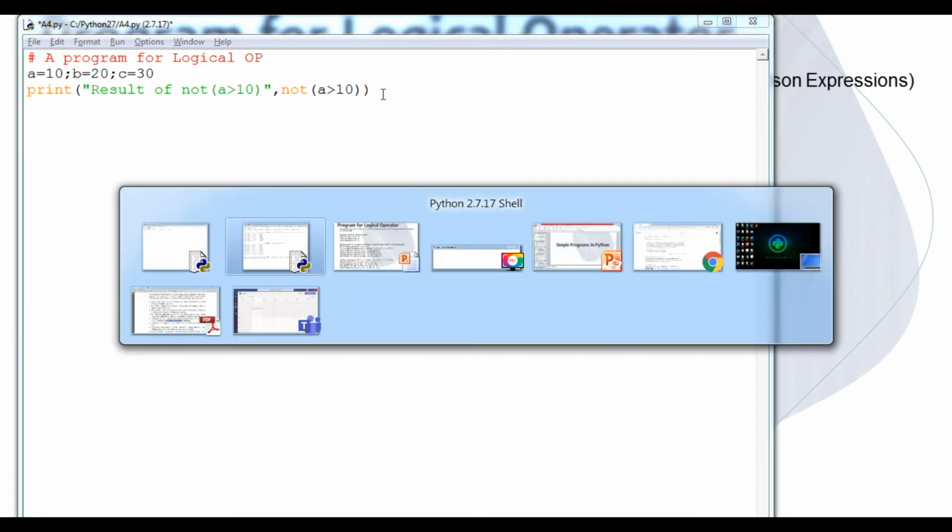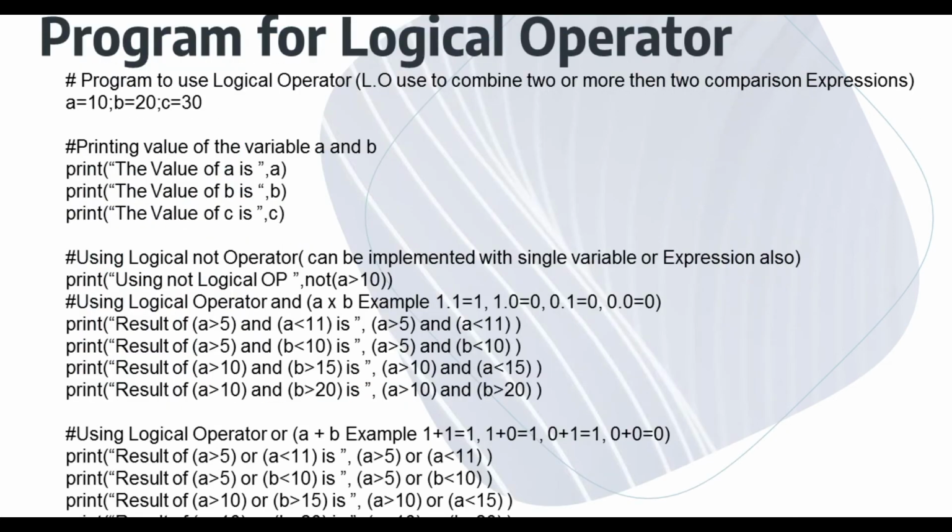Okay, so now we are going to understand the next one, that is the logical AND operator. Here, student, I have used particular comparisons combined by the AND logical operator.